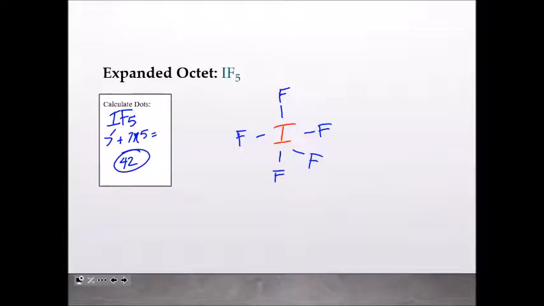How many electrons did I use now? 10. So we have now how many? 32. And we have 5 ligands, 5 fluorines that all need 6 more, right? So 5 times 6 gives me 30. So let's use up those 30.